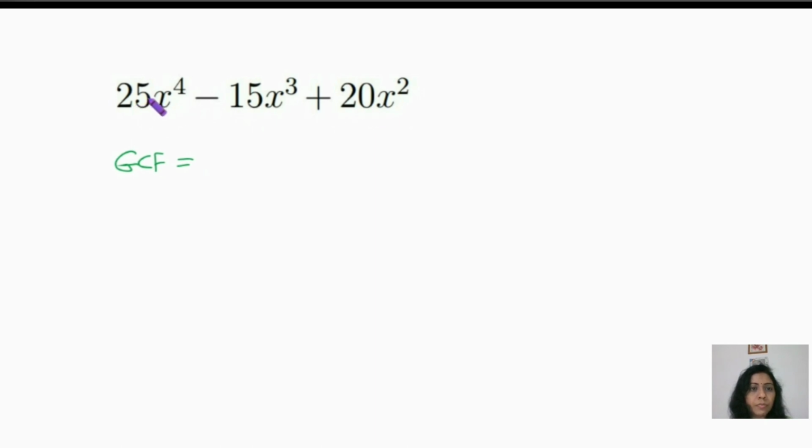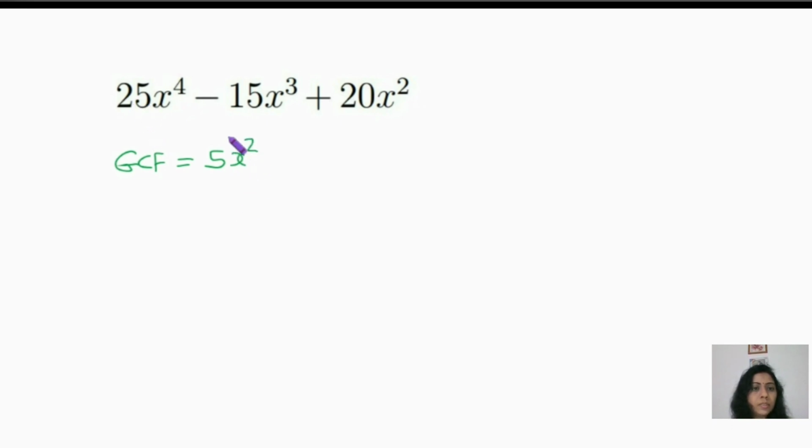So 5 times 5 is 25, 5 times 3 is 15, 5 times 4 is 20, it means 5 is the greatest common factor. Okay, and now the variable: x to the power 4, x to the power 3, x to the power 2. So we take the lowest exponent. Here the lowest exponent is 2, that's why we can take common x squared.